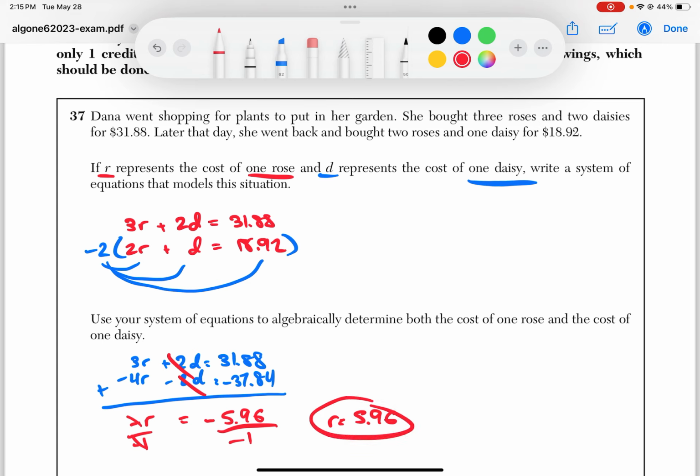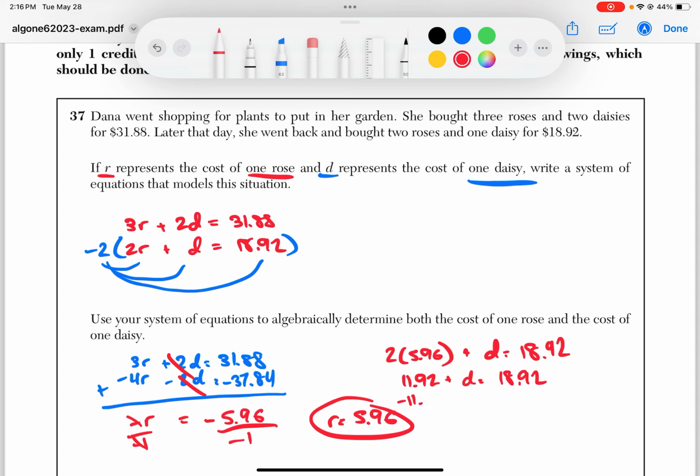How do I find daisies? Well, I'll just use the apple to find the orange, right? Plug in the roses into any one. I'm going to pick the second one because it looks easier. 2 times 5.96 because I know how much roses cost, plus the daisy cost is $18.92. 2 times 5.96 is $11.92.